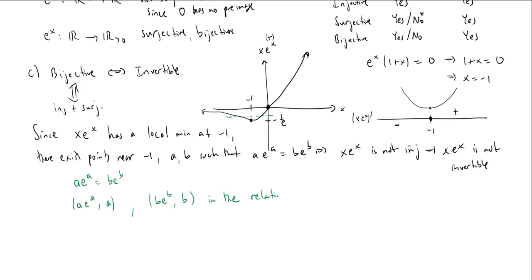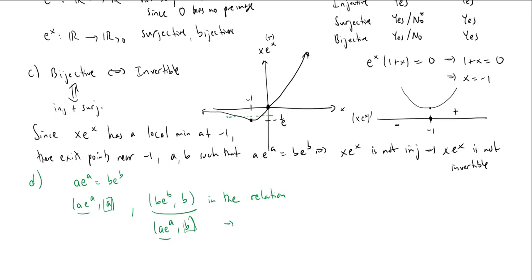Okay, but A e to the A equals B e to the B, which means this piece here is A e to the A, comma B. So I have one input that has two distinct outputs.